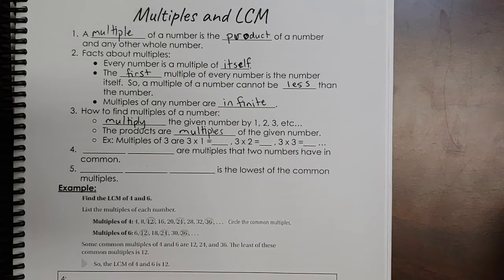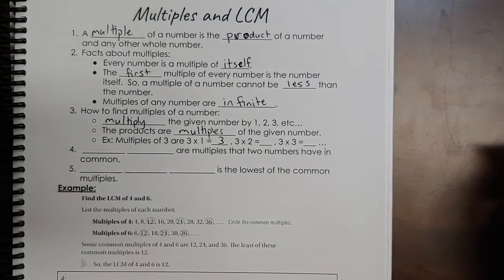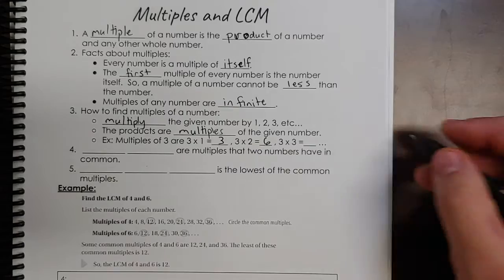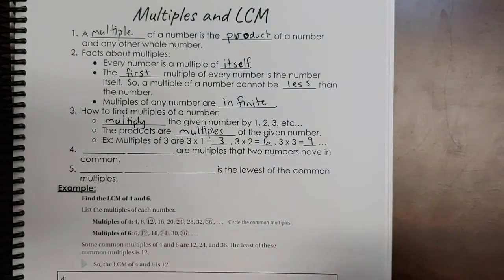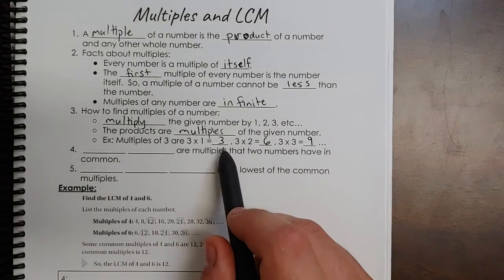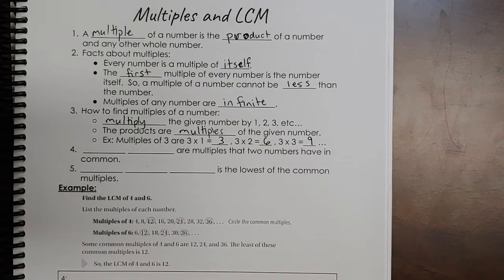So an example here, multiples of 3 are 3 times 1, which is 3, 3 times 2, which is 6, and 3 times 3, which is 9, and just keeps on going. So pretty much you're counting by 3s when you're finding multiples of 3. 3, 6, 9, 12, 15, 18, and so on.